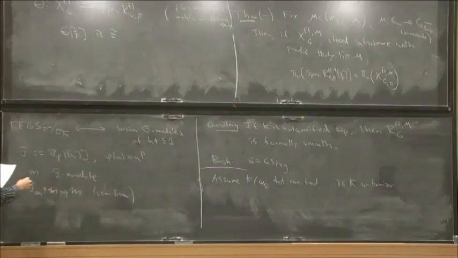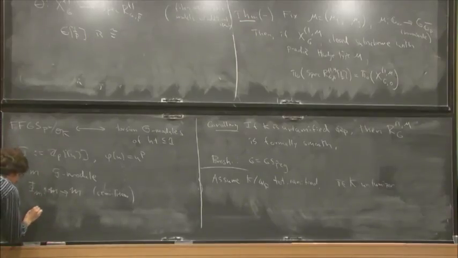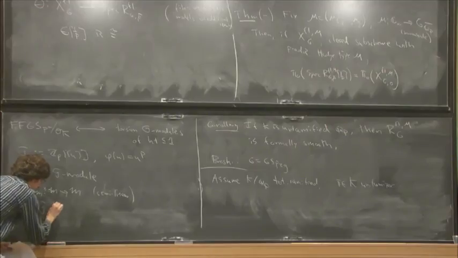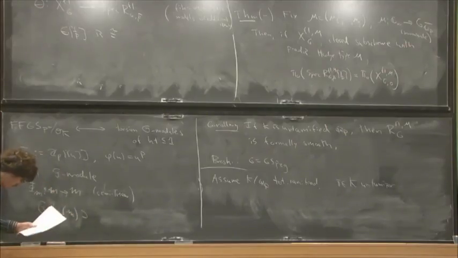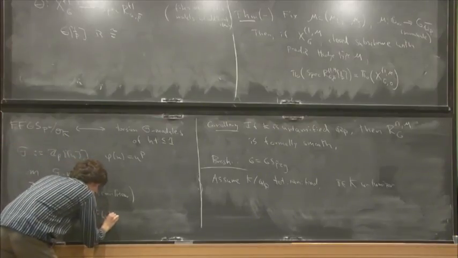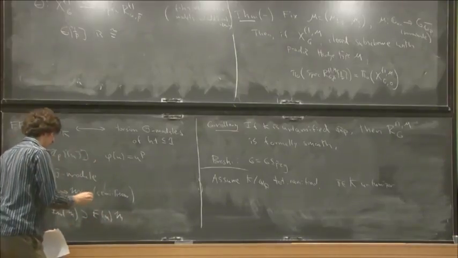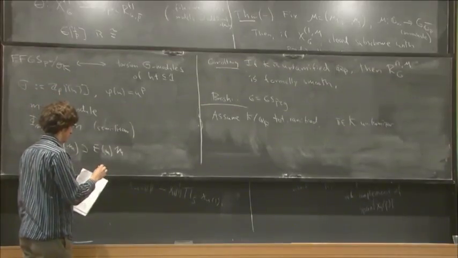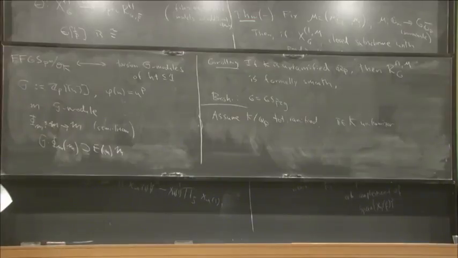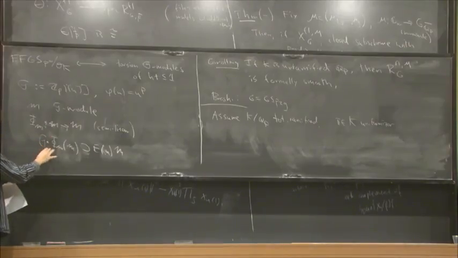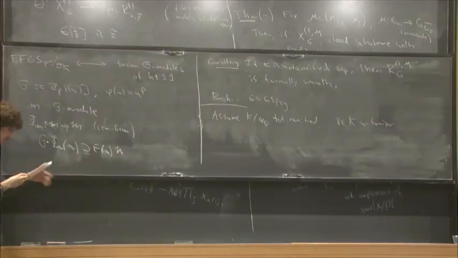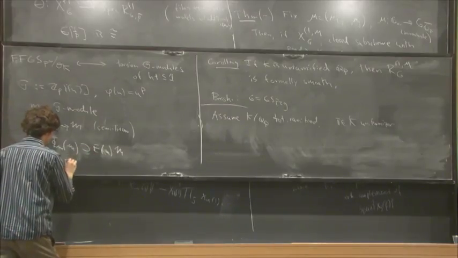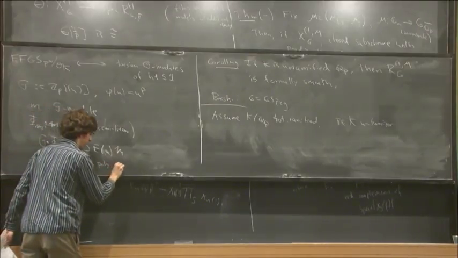And then the height condition is a funny condition: the module generated by the image of Frobenius should contain E(u)𝔐, where E(u) is the minimal polynomial of π over Q_p.